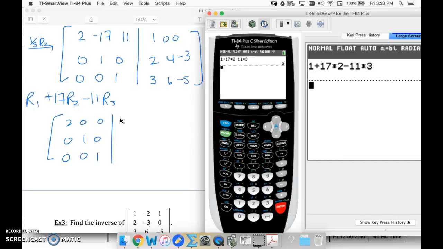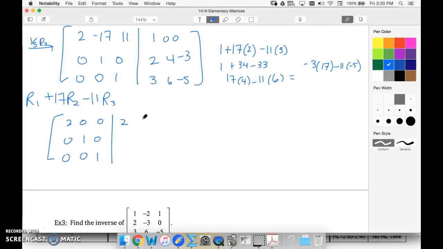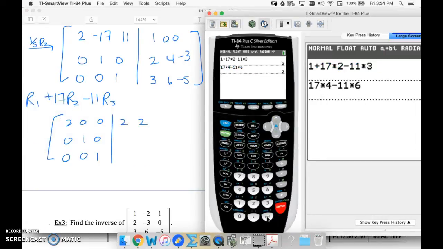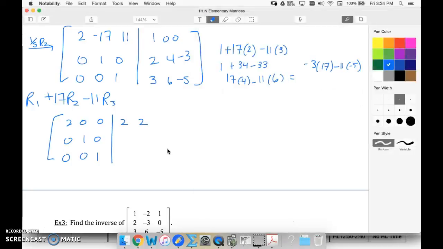That gives me a 2. That's really nice. The zeros I don't need to worry about. 17 times 4 minus 11 times 6. Ooh, another 2. All right. And then negative 3 times 17 minus 11 times negative 5. And I end up with a 4.